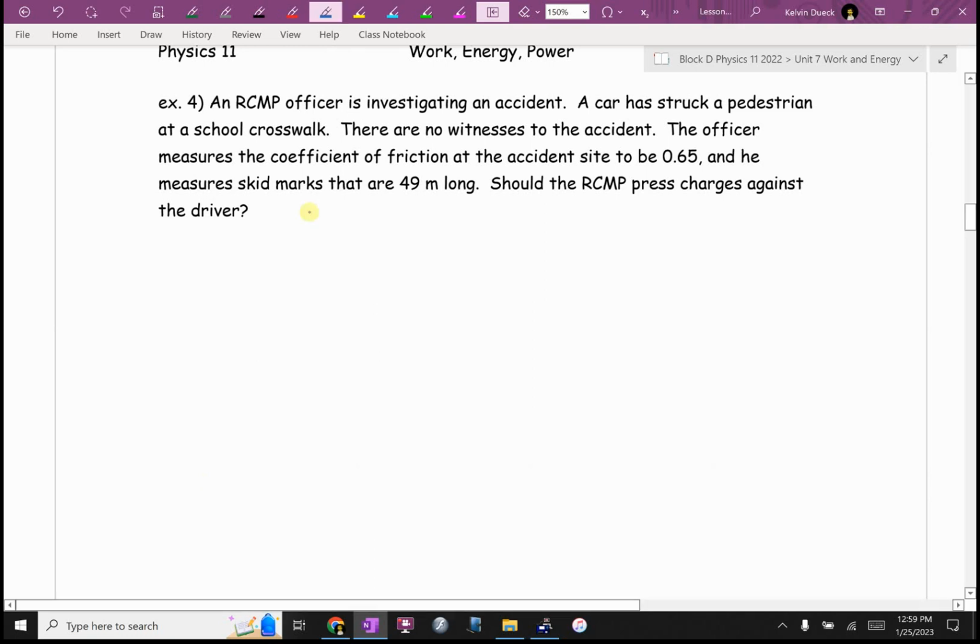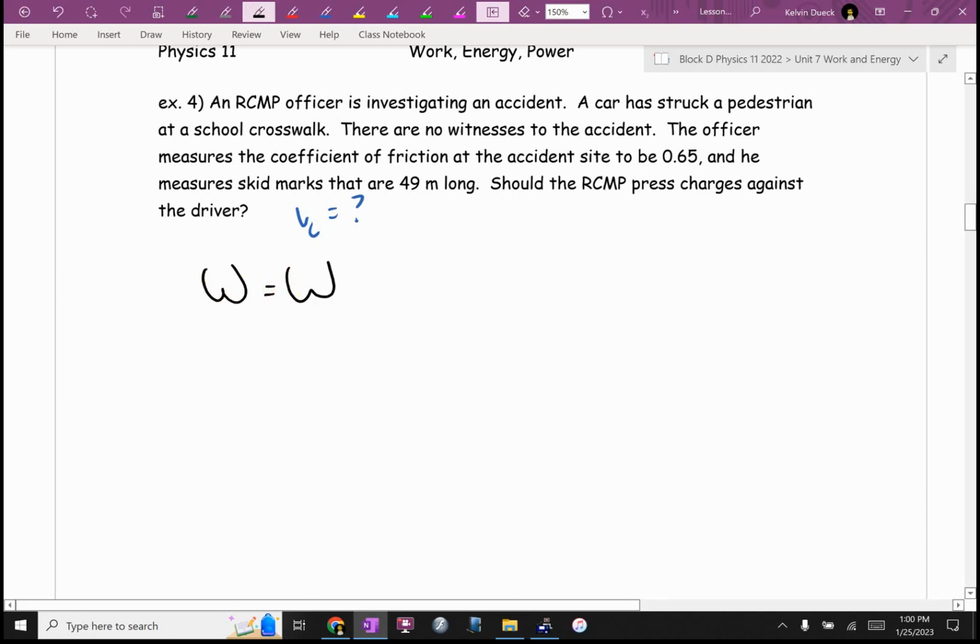Okay, let's make a little note here. How can we do this? We're going to write the most obvious equation ever. Ready? Work equals work.